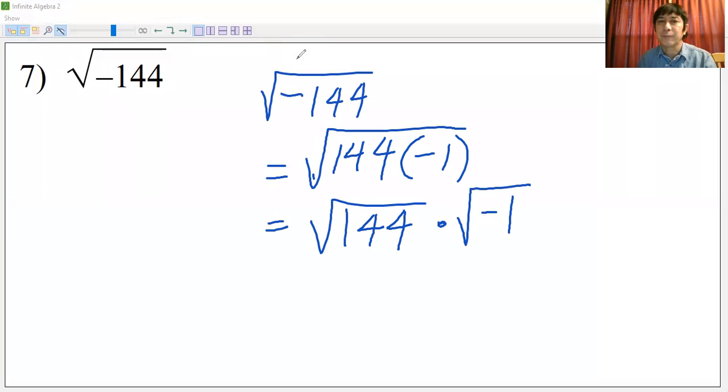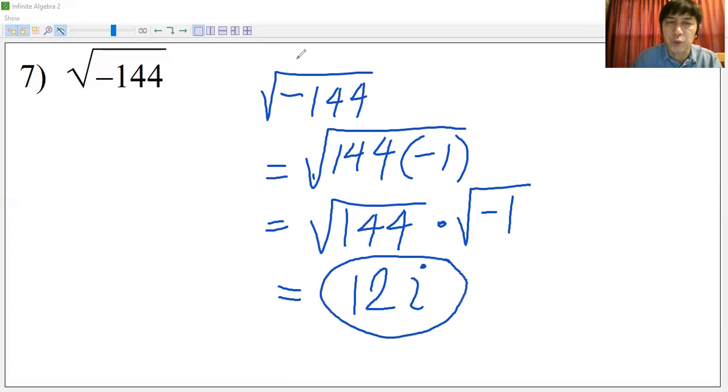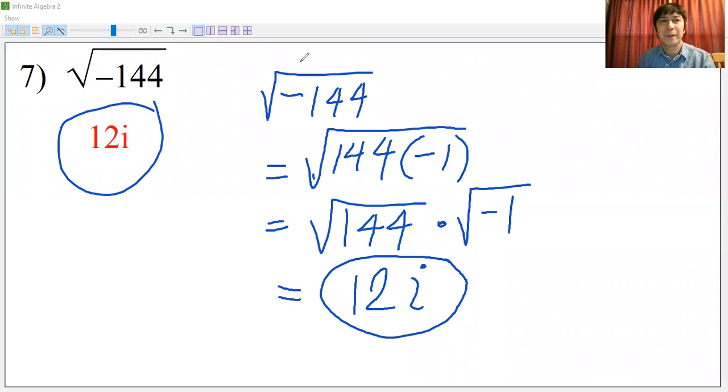And 144 has an exact square root. That's 12. And square root of negative 1 is the imaginary number i. So this is 12i. And we can verify that over here. That's 12i.